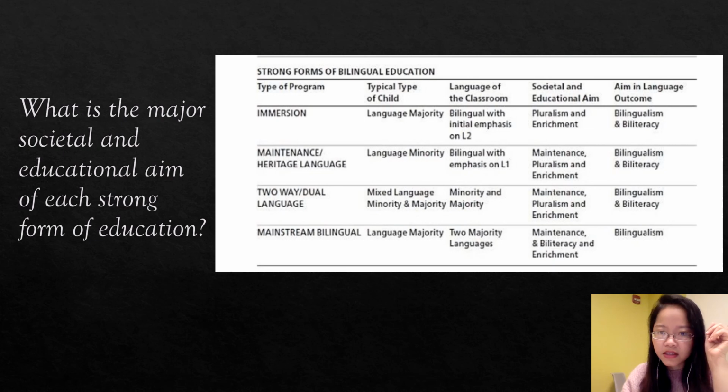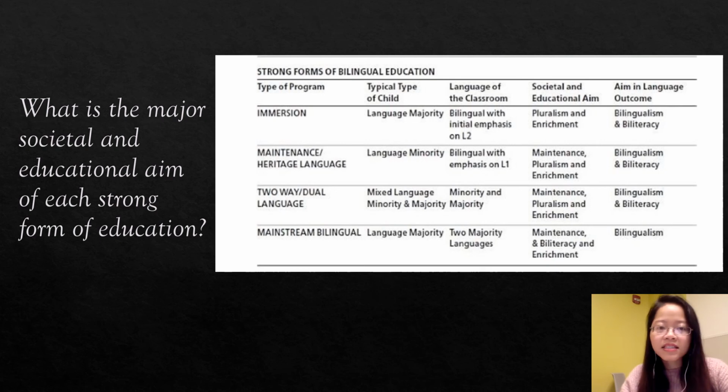It differs significantly from the previous models because in those programs the learners are transitioned into English content classes, but they are constantly given support in their first language, and they also receive language arts in their native language, so that enables them to become literate in the primary language still, okay, and they continue to receive the content area classes in their first language as well, so they become literate in both languages.